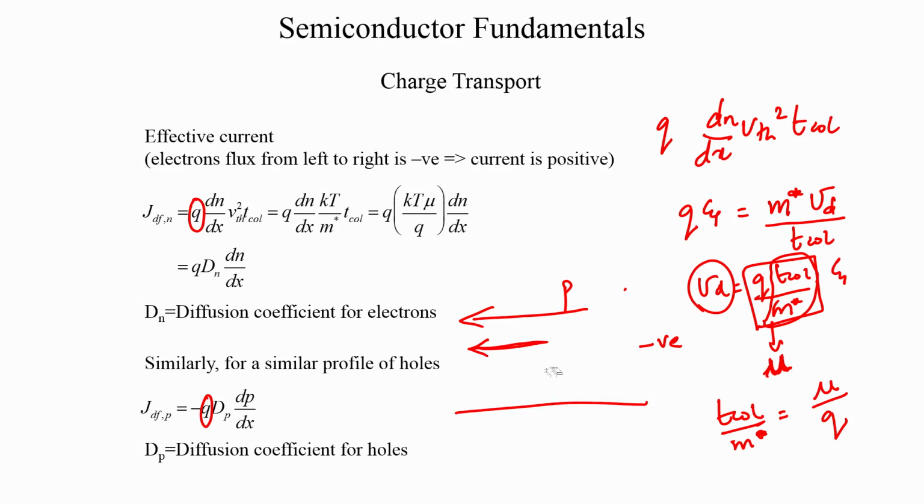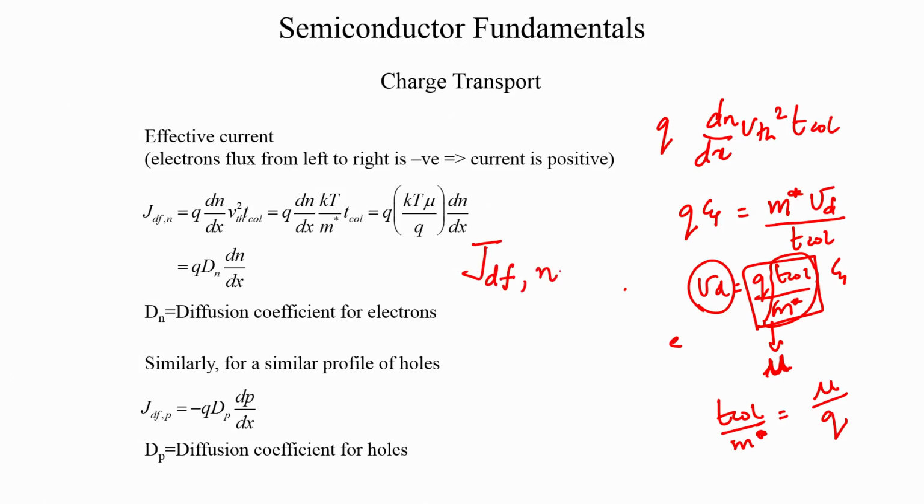So this is the diffusion current density for electrons, and we define the diffusion current density as J D F comma n for electrons and J D F comma p for holes, where Dn is the diffusion coefficient for electrons and Dp is the diffusion coefficient for holes.